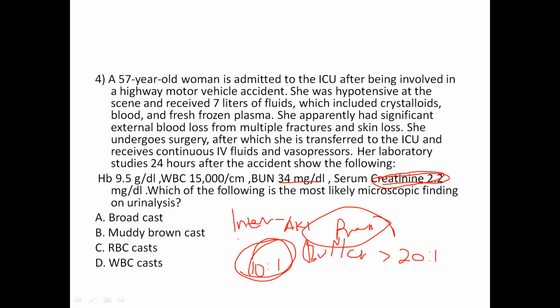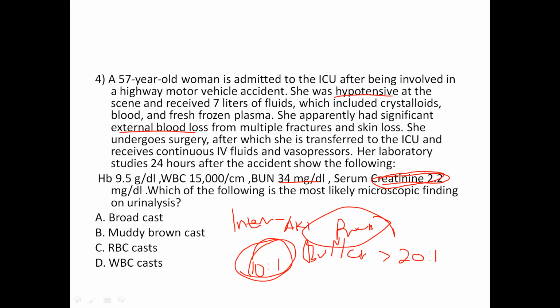I mean, hypoperfusion to the kidney, which may be caused by ischemia or toxins. This patient has hypoperfusion, one cause of which is excessive blood loss, and also hypotension. So this patient has acute tubular necrosis due to hypoperfusion of the kidney.